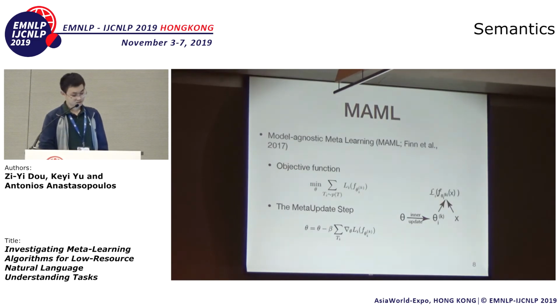Then we sample a batch of examples from the data set, and we compute the loss with these examples and the adaptive model parameters. After that, we compute the derivative of this loss with respect to the model parameter theta, and obtain its gradient. And we use this gradient to update the parameter theta.